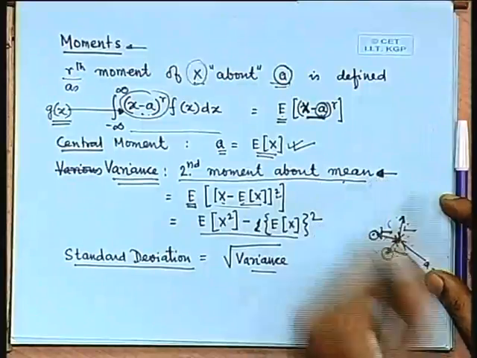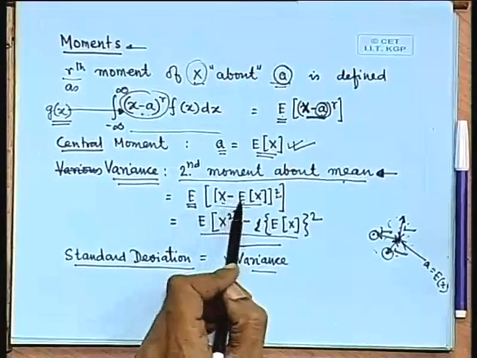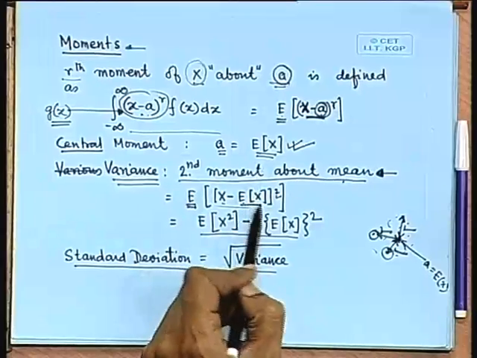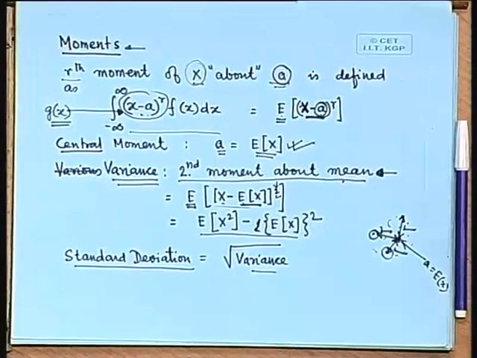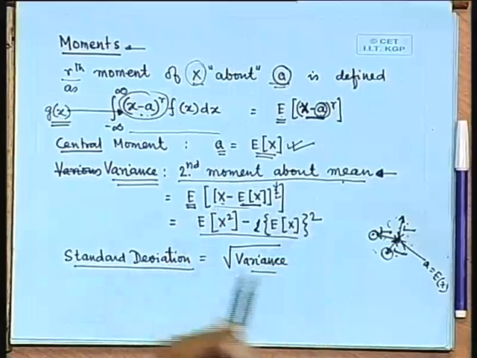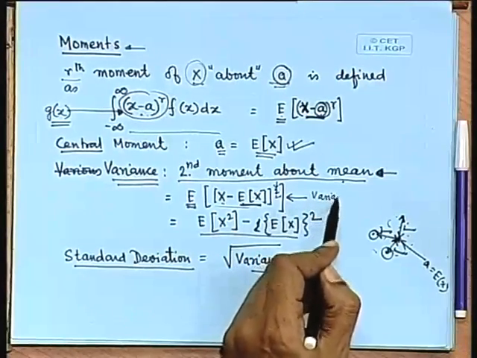we often take a second moment about the mean. So, this is a very common choice. What we compute is the expectation of (x minus a) squared, where a is expectation of x and r is 2. This is called the variance. Okay.